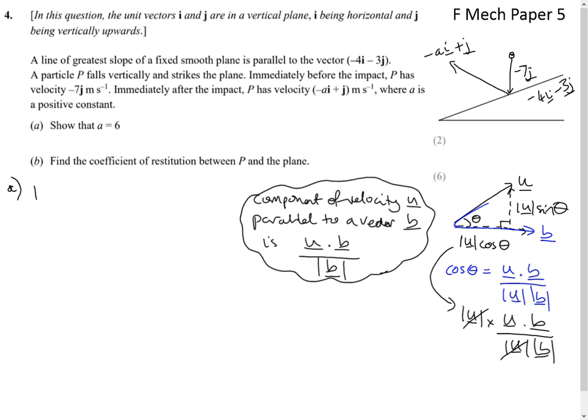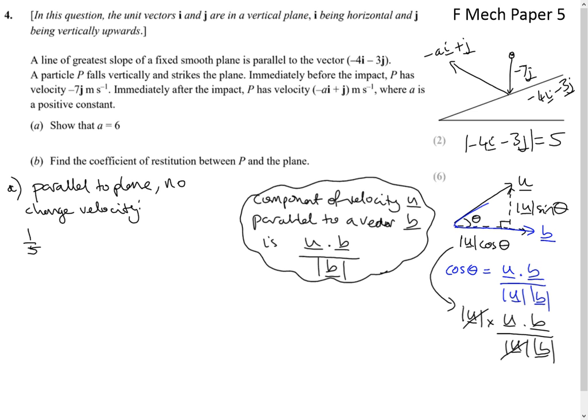So, what are we using? We're using the fact that parallel to the plane, there's going to be no change in the component of velocity. So what have we got before? Well, the component we've got before is going to be 1/5, because the modulus of -4i - 3j is 5.